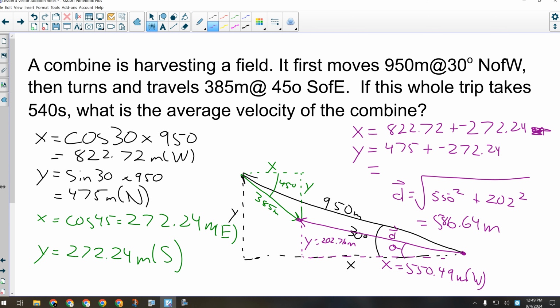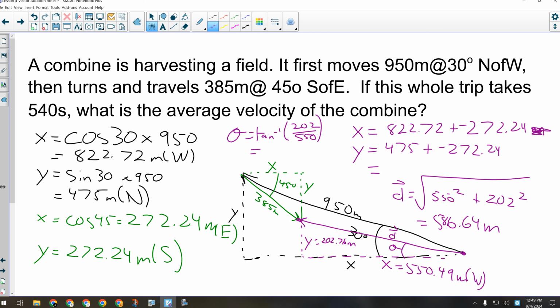Okay, that's the magnitude. What else do I need? I need the direction, so I've got to get theta. The way I drew this triangle, theta is, 202 is opposite, 550 is adjacent. So theta will be tan to the minus 1 of 202 over 550.